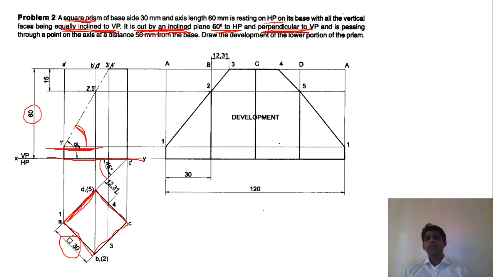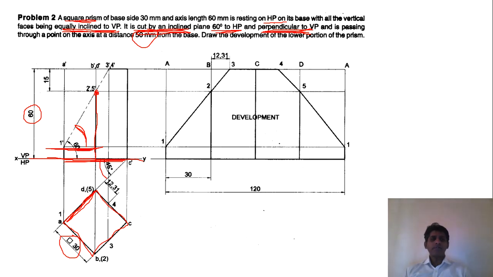So it is perpendicular to VP and passing through a point on the axis 50 mm from the base. It means that this is the base of the prism, and from here the plane is passing at a distance of 50 mm.